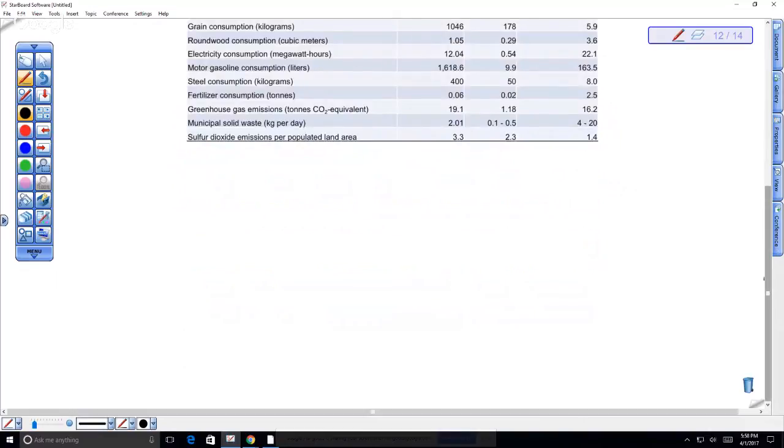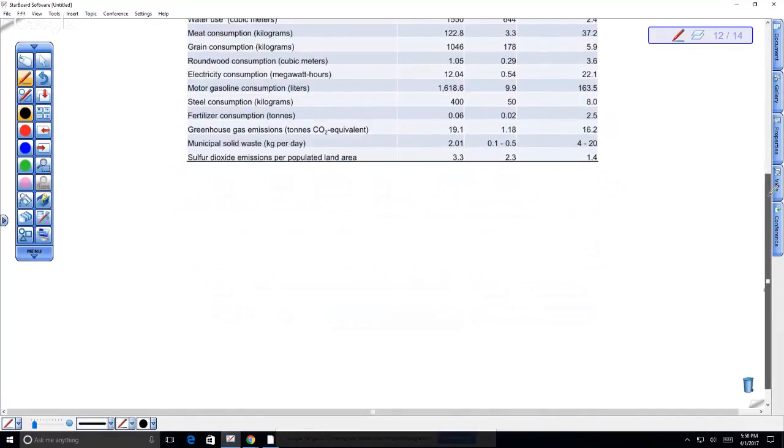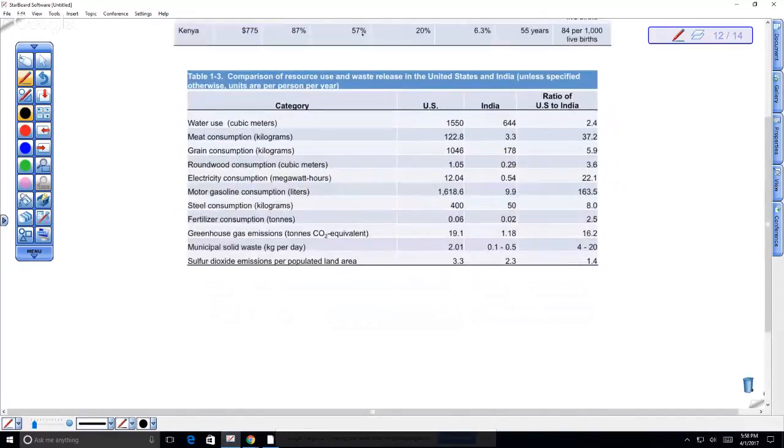And then if you look at the differences in the use of resources, human water use and meat consumption are much higher in the US than in India, right? Grain consumption, sulfur dioxide emissions, which relate to acid rain, greenhouse emissions, tons of CO2. This is per individual.